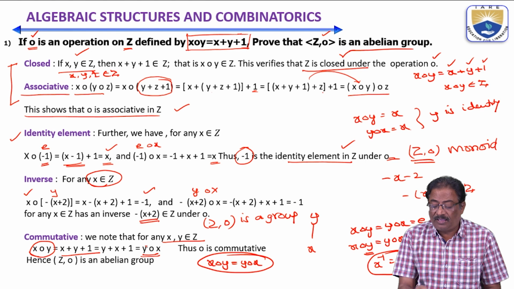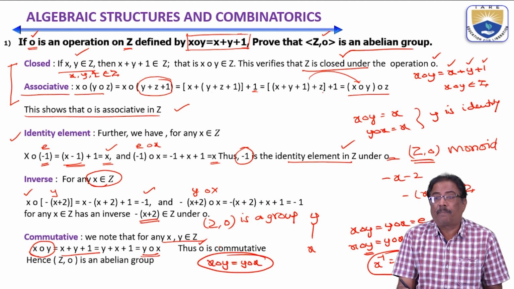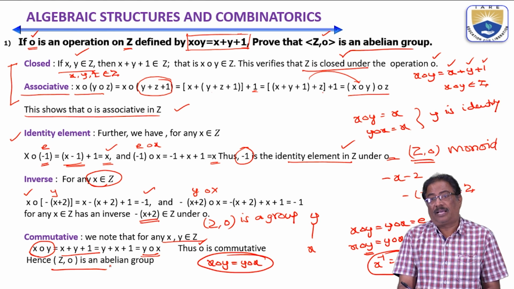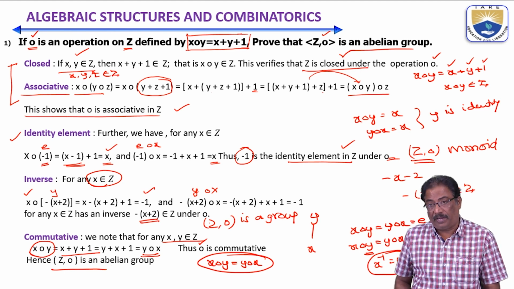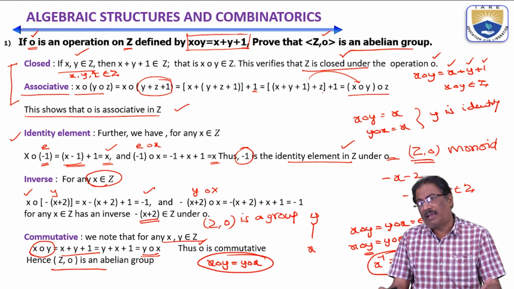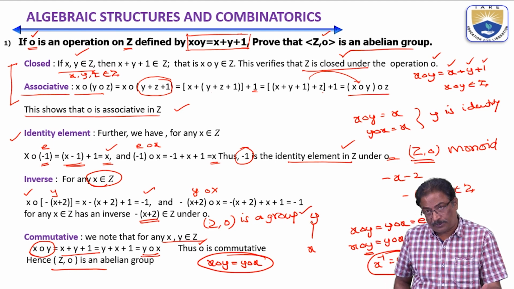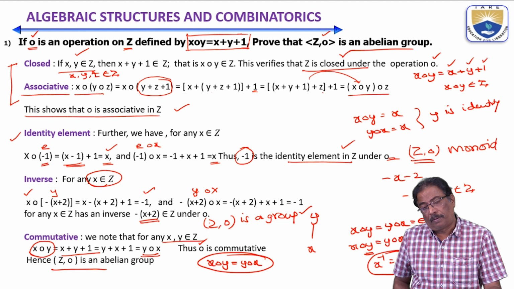So by the binary operation, circle is commutative. Then we can say that Z comma circle is an abelian group, because it is automatically a group. When a group satisfies the commutative property, it is an abelian group.